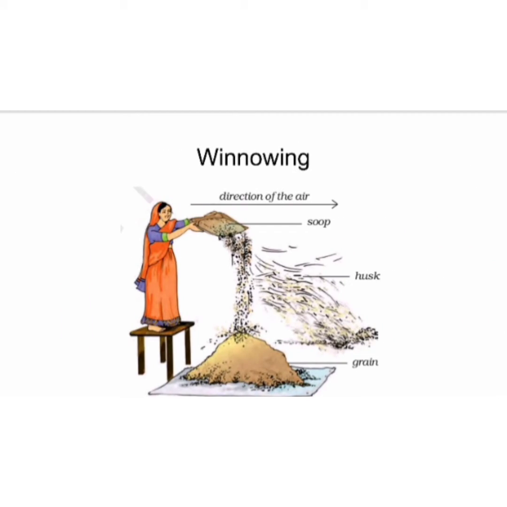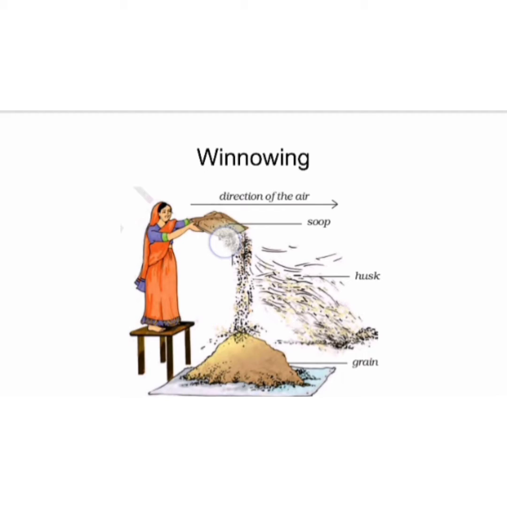This is one of the methods of separating substances. First, take the mixture to an open ground and stand on a raised platform like this, and put the mixture in a plate or sheet of paper.